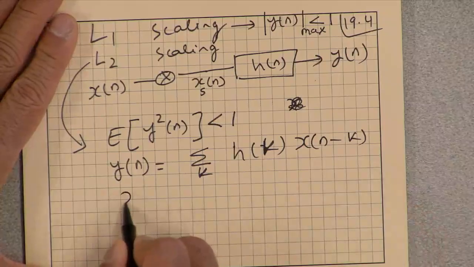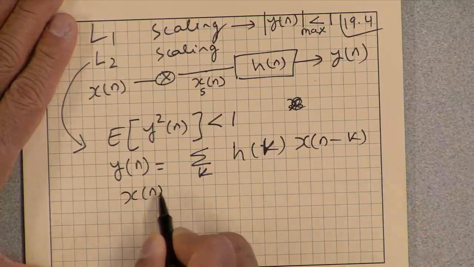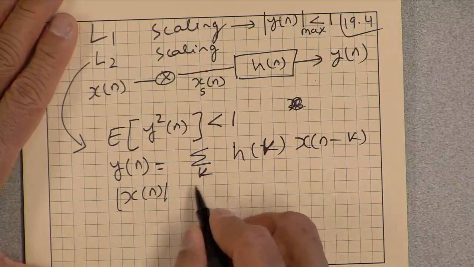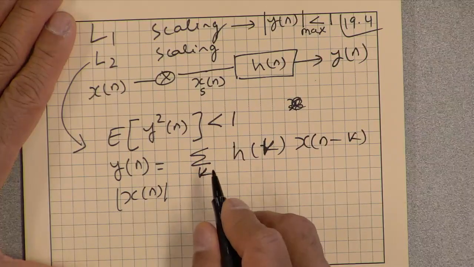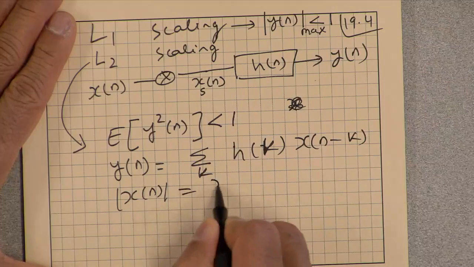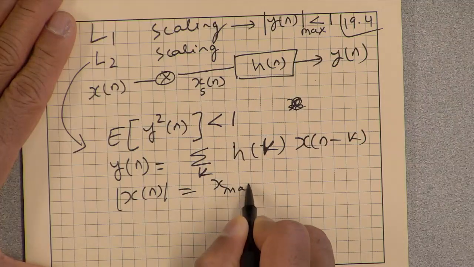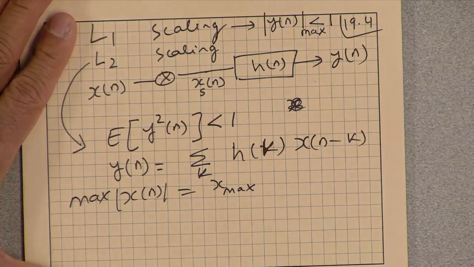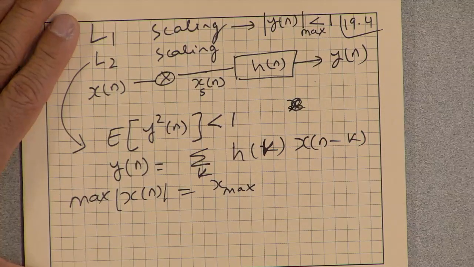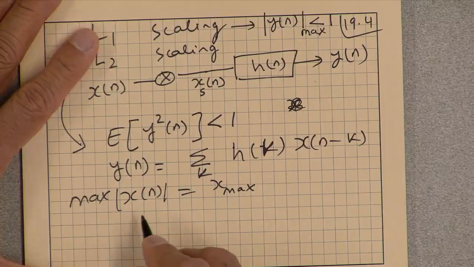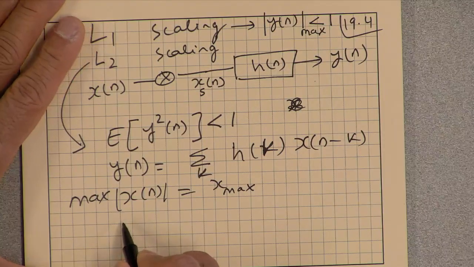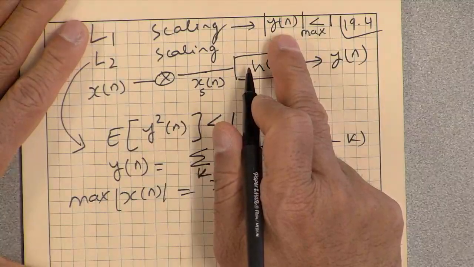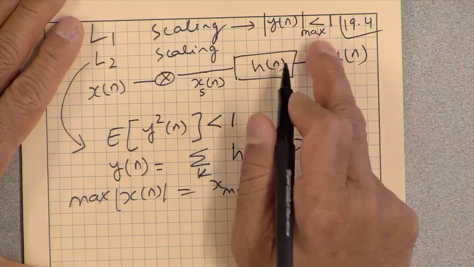Let's assume that the maximum of the absolute value of x[n] is x max. We want to make sure the absolute value of y[n] for all n is less than 1.